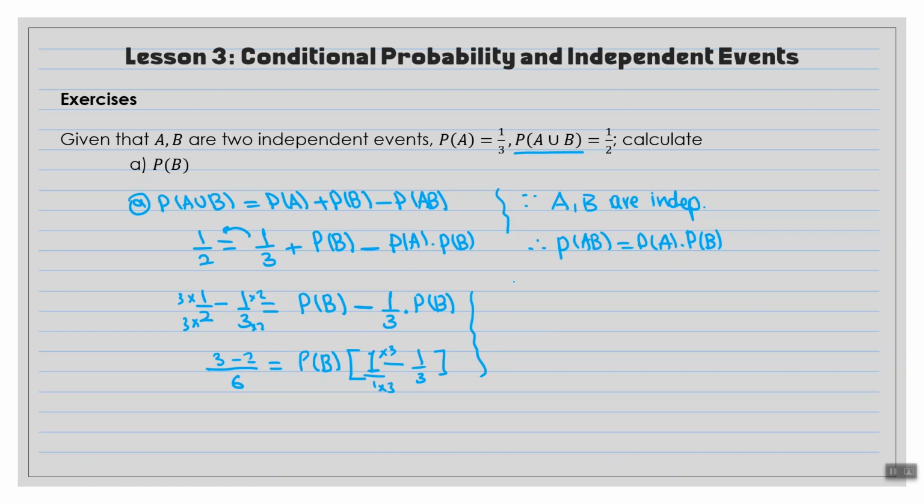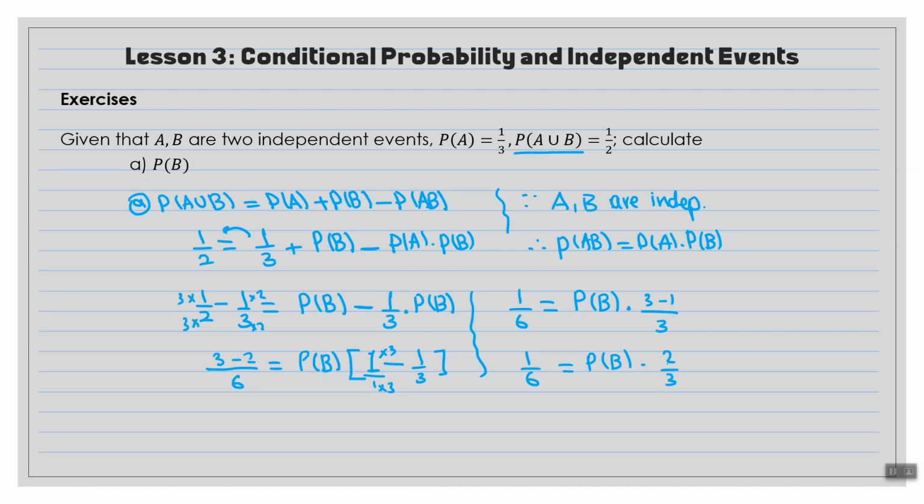We get 1 over 6 on the left-hand side equals the probability of B times, the denominator is 3, in the numerator we have 3 minus 1. So 1 over 6 equals the probability of B times 2 over 3.